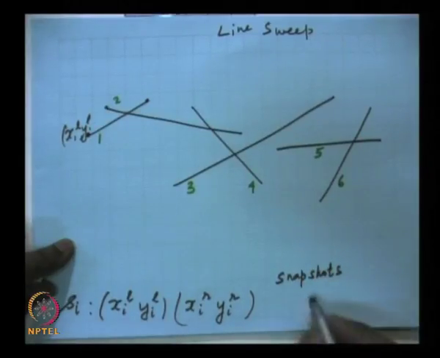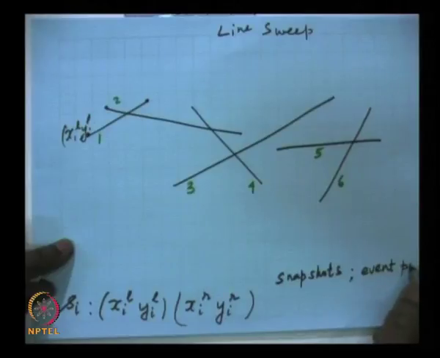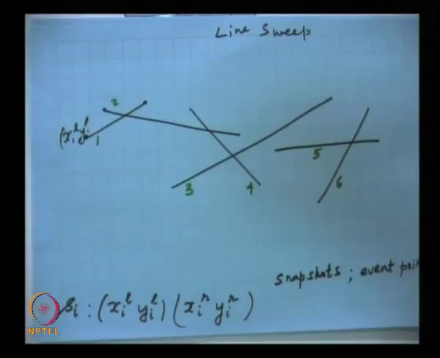I will be interested in the snapshot only at the event points. I will tell you what the interesting events are, and that will depend on the context of the problem.